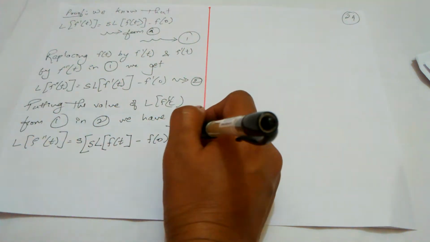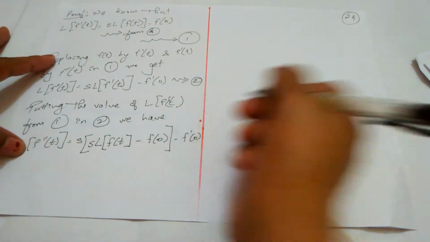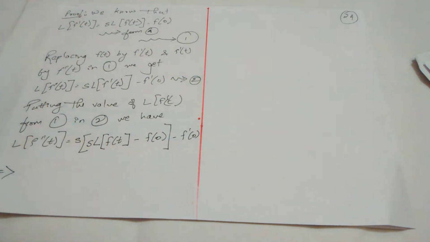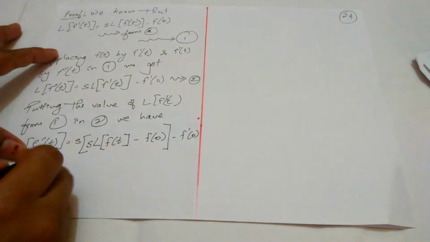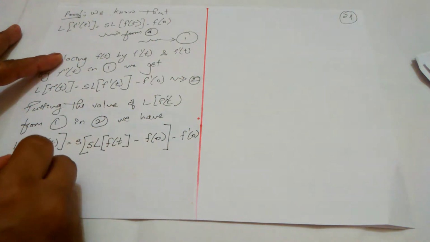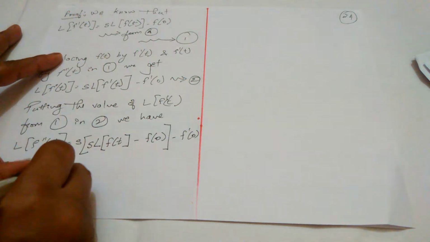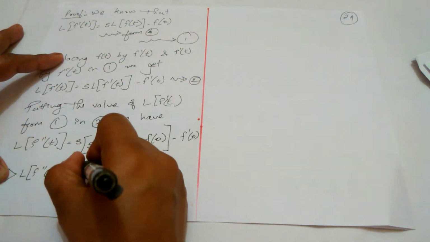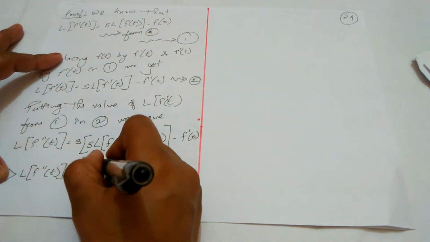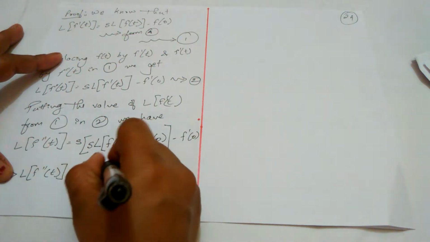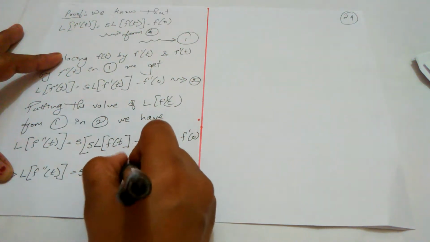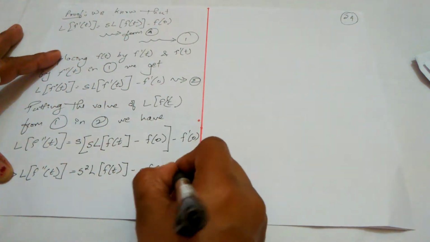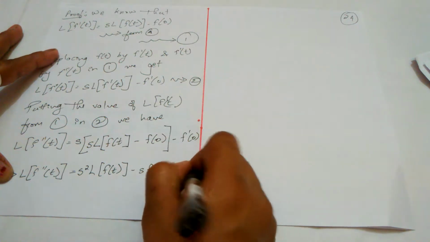Now what we are getting here is L of f double dash of t is equal to s square L of f of t minus s f of 0 minus f dash of 0.